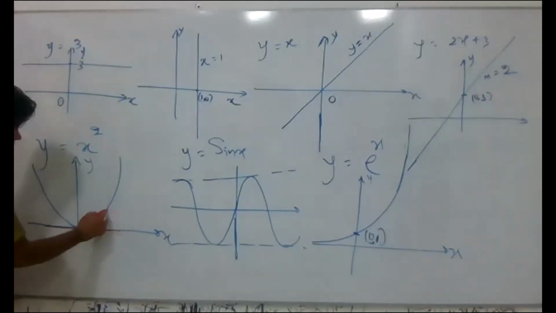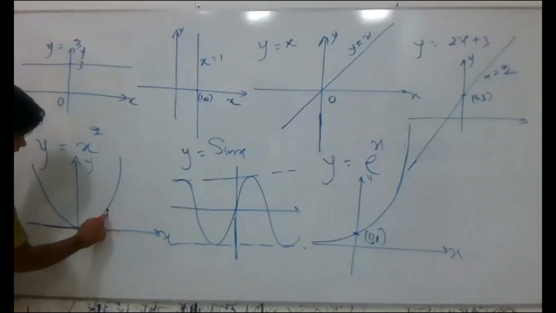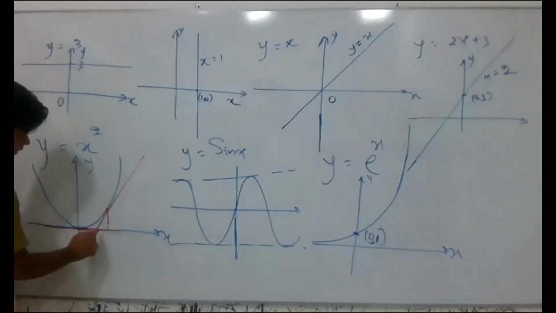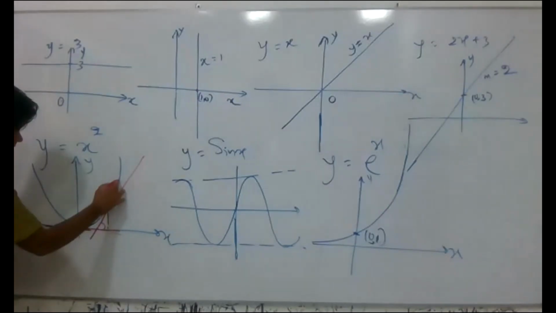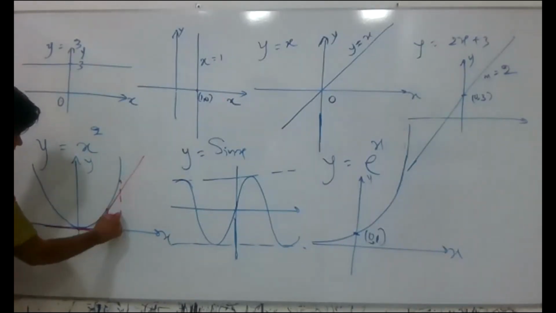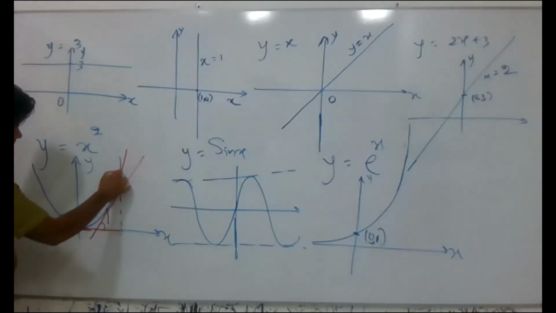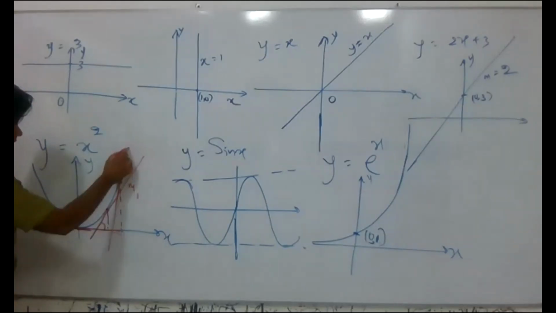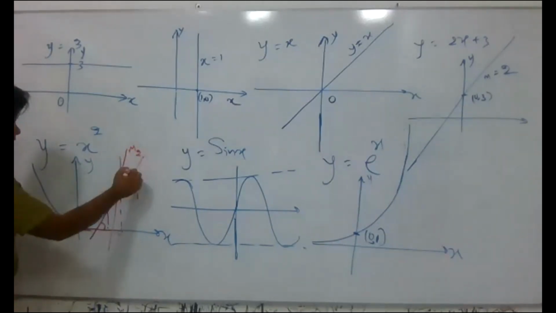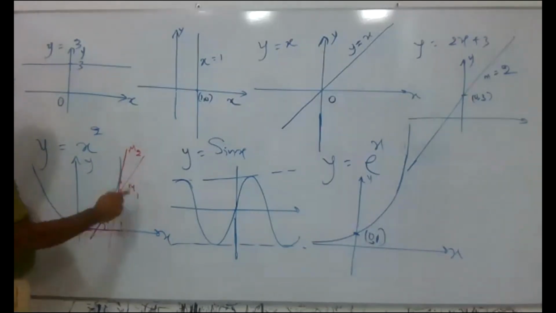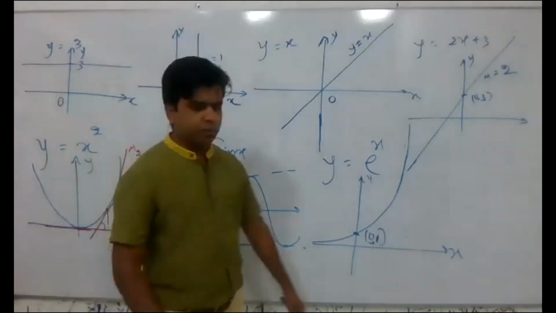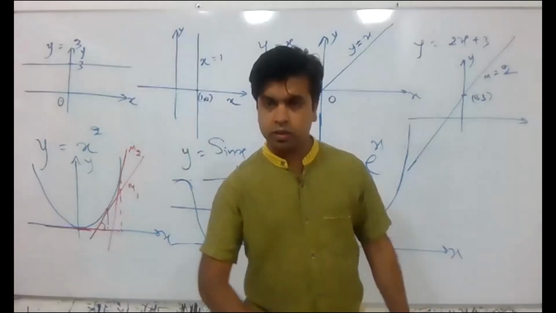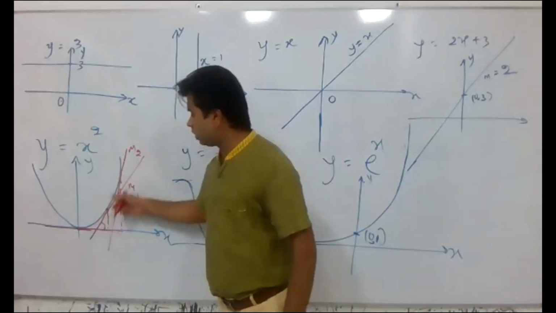If I ask what is the gradient at (1, 0), you will have a tangent like this, and this is the slope. Then if I ask what is the gradient at 2, you will have a tangent like this. If I mark this gradient m1 and this gradient m2, you can understand clearly that m2 is greater than m1. That means when x increases, the gradient also increases.